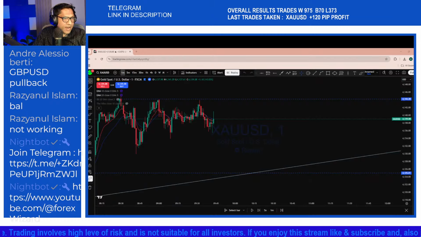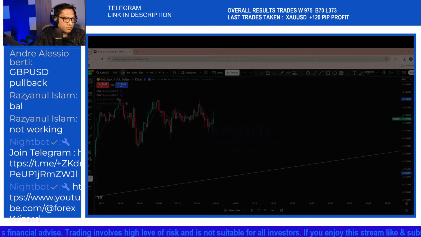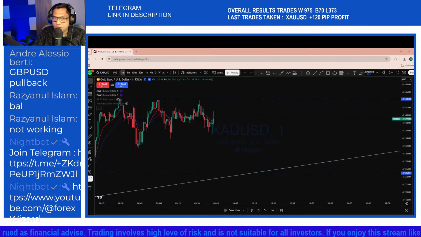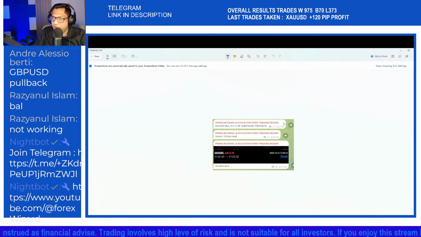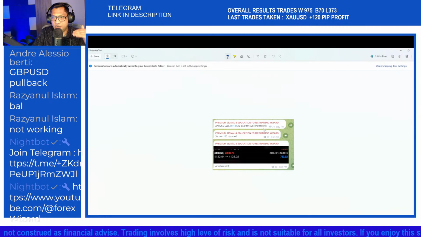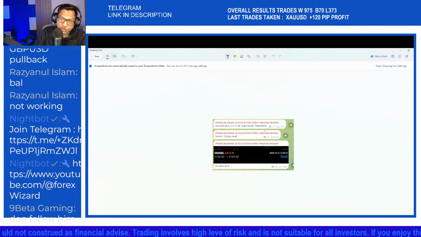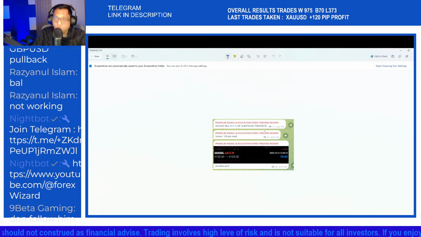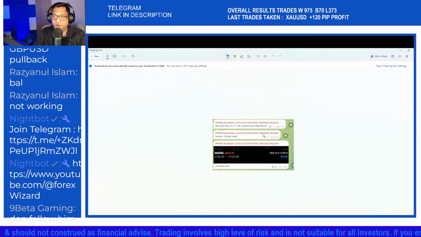So bringing that up here for another potential move. So the trade was sent out in the premium group, and my TP initially that I have sent, this is the trade that I have, and also I have shared in the VIP premium group where other members are following those trades.